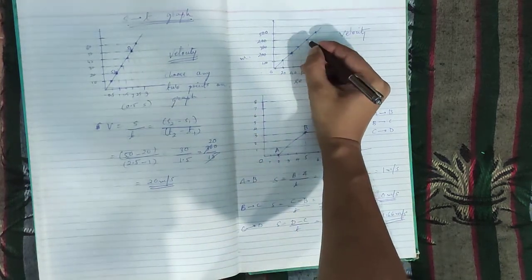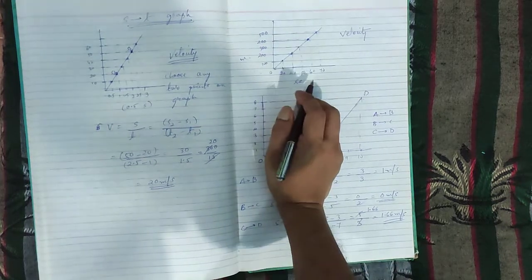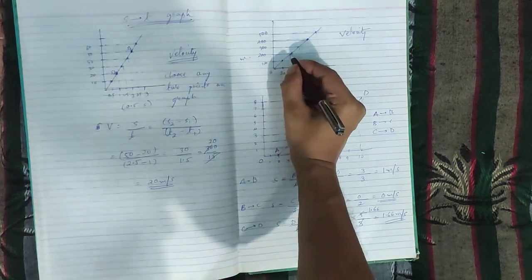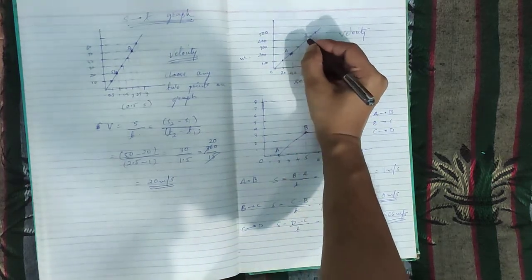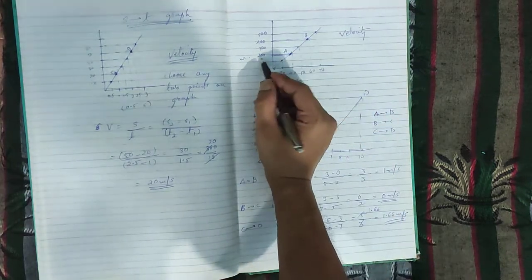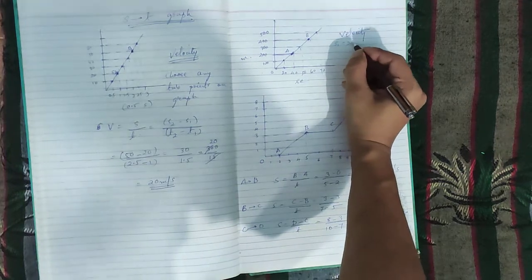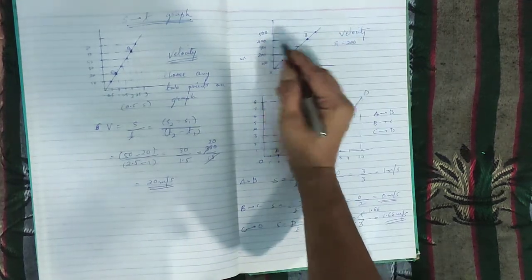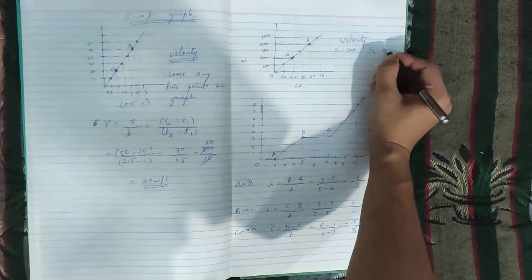Okay, so in this case I am choosing this one where the distance is 400 meters and the other one is over here at 200 meters. So I am taking this point A and point B. At point A the distance is 200, so I am taking S1 as 200, and at B I am taking S2 as 400 meters.